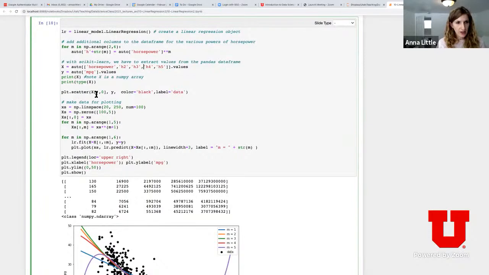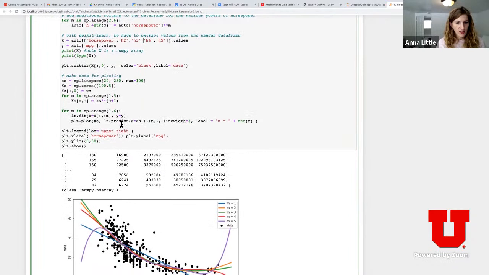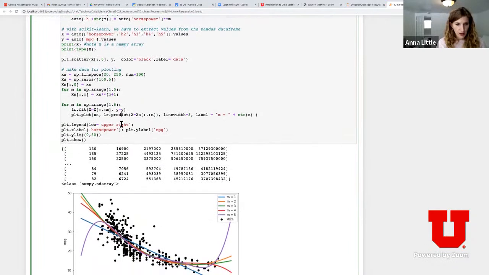So we can take a look, we can plot this, and what this code is doing is repeating what we were doing before, but in scikit-learn. So just so you can see the syntax here, make a grid of values, and then you're defining the powers on that grid.